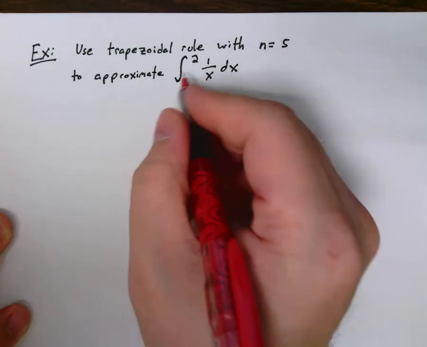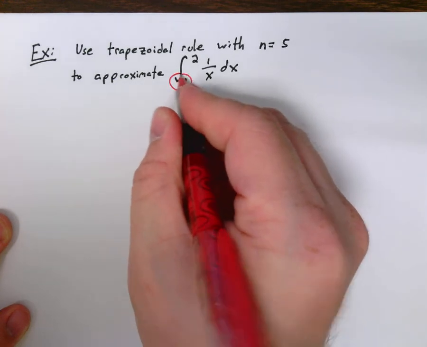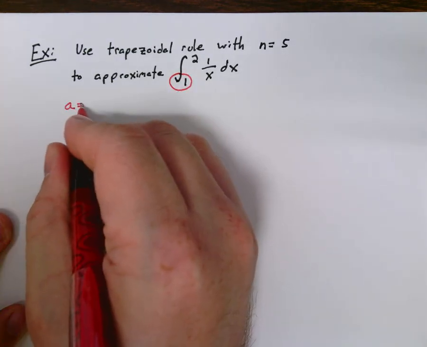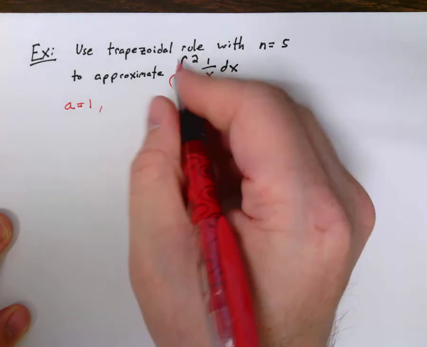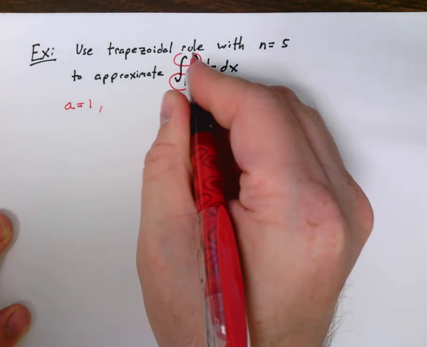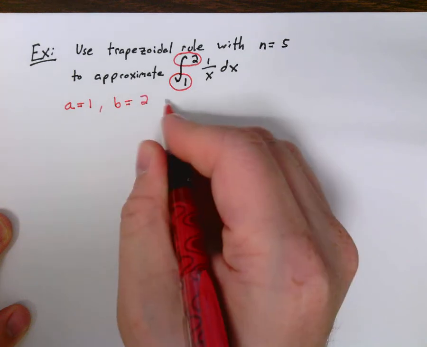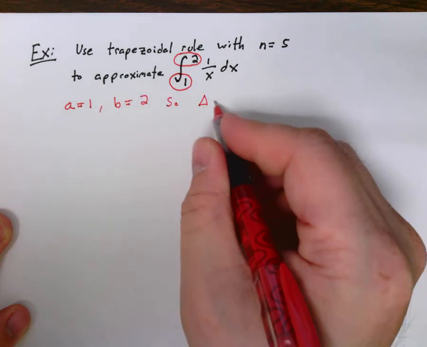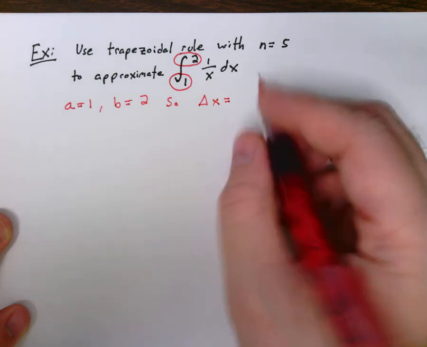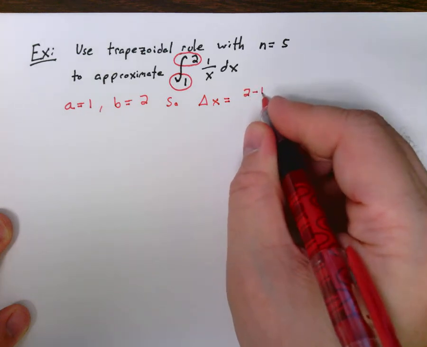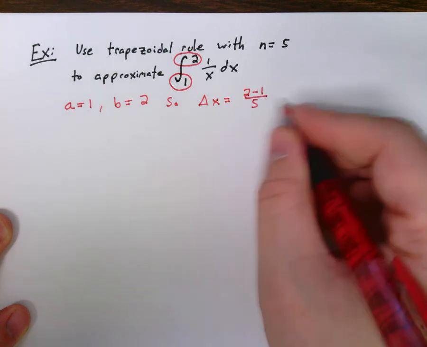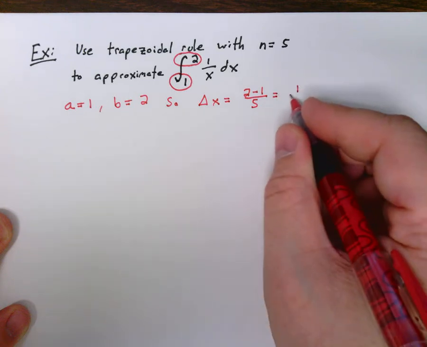Alright, so the first thing we're going to notice is that a is equal to 1, b is equal to 2, so our delta x is going to be equal to (2 minus 1) divided by 5, which is 1/5.